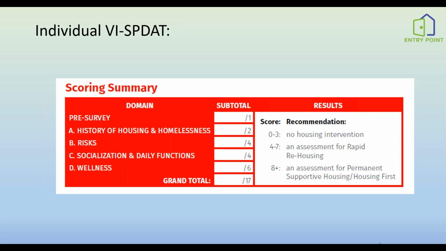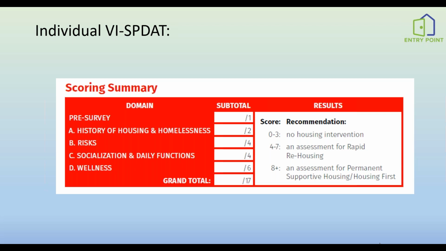Because of dynamic prioritization, you can line up a room full of people according to their VI-SPDAT scores, and I might be the first in line right now. But in our system, people are always coming into and going out of that room, and then we reshuffle people. I might have been in this room for 10 years, and I'm at the head of the line right now, but someone might come in who is more vulnerable than I am by VI-SPDAT score and other factors, and they might go to the head of the line ahead of me.